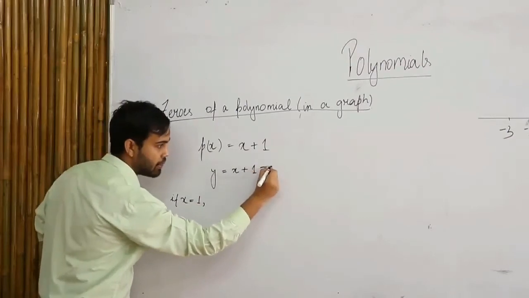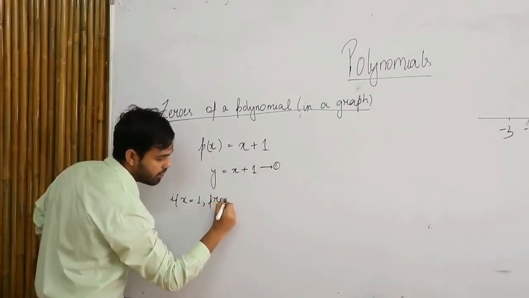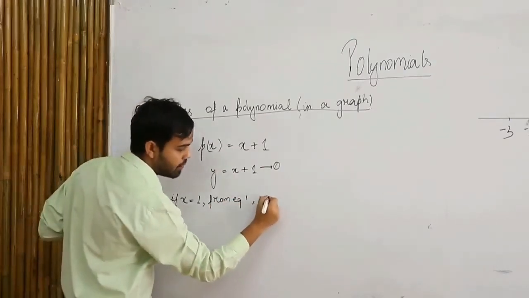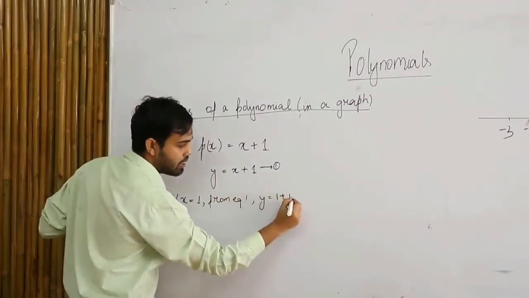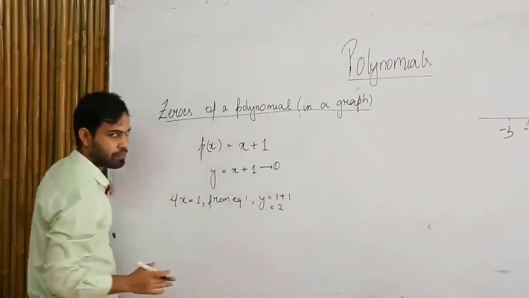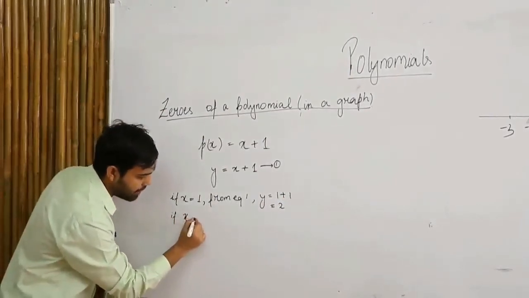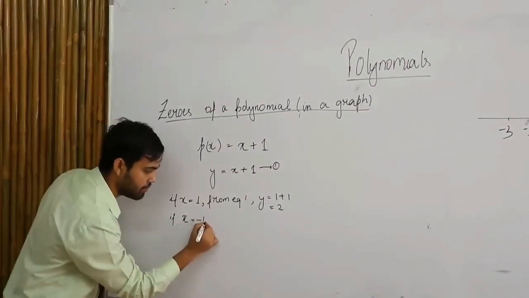Naming this equation 1, from equation 1, y is equal to, instead of x I am putting 1, so 1 plus 1, which is equal to 2. Now if I change the value of x to, suppose, minus 1.